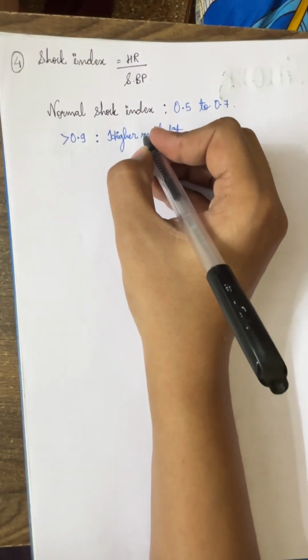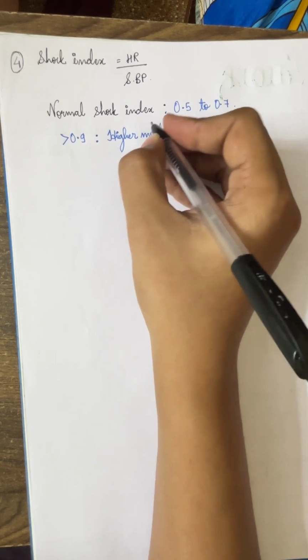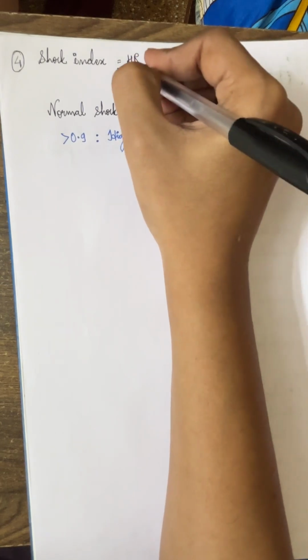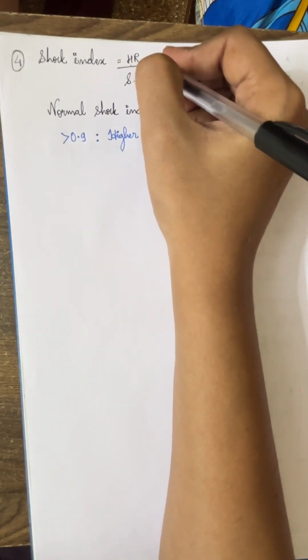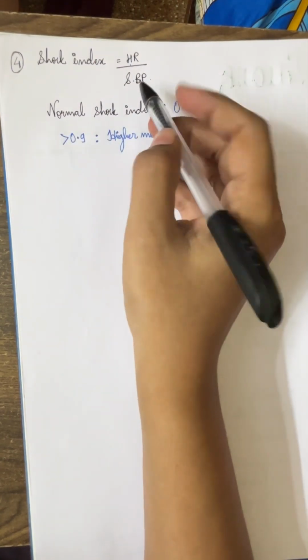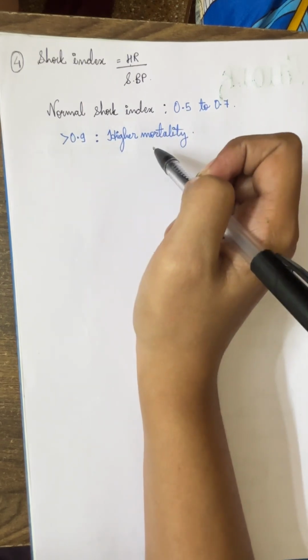In shock due to fluid loss or decreased peripheral resistance, cardiac output decreases and hence pulse rate increases, which causes the shock index to increase. Therefore, a higher shock index indicates higher mortality.